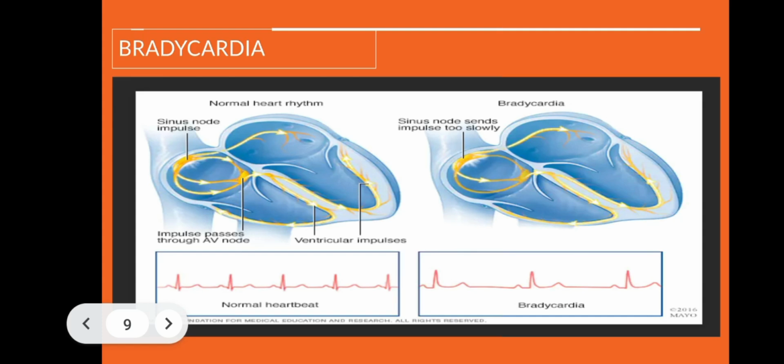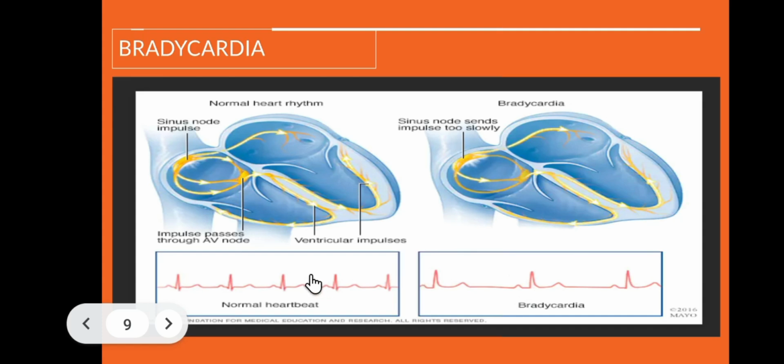The key clue in bradycardia is the distance of your QRS. The QRS are much wider. As you can see here, our QRS in the normal heartbeat is a bit tighter compared to bradycardia, which is much wider, longer than normal, which shows fewer beats in the same amount of time.